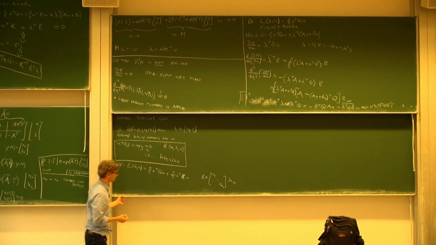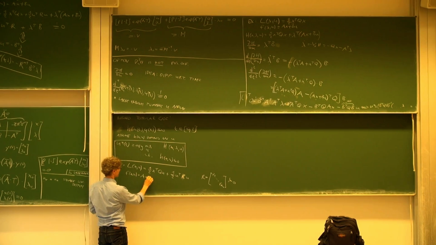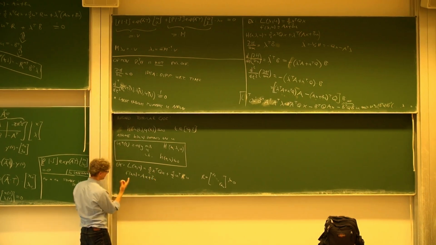So it's a very simple thing. And my f of x and u would be given by Ax plus Bu. Now the interesting thing is what I want to add. I want to add path constraints. So I have a minimum and a maximum for all components.